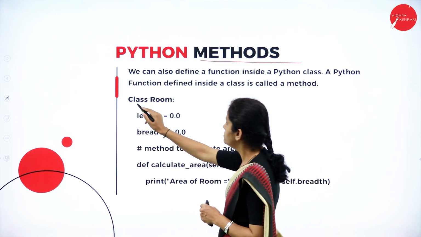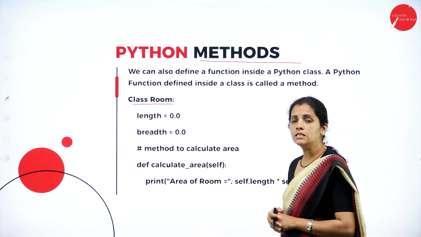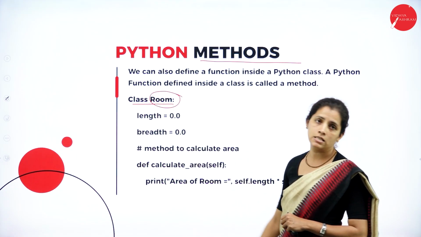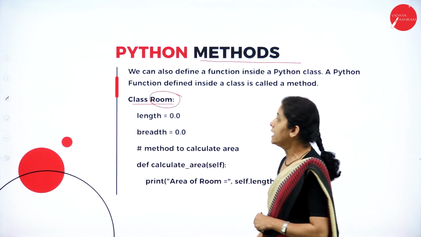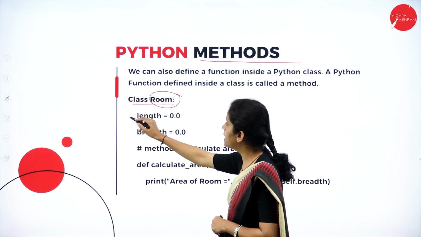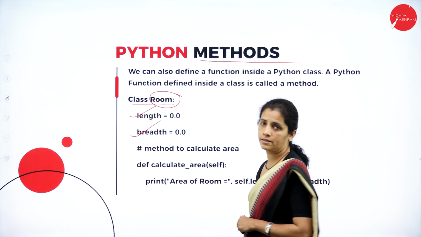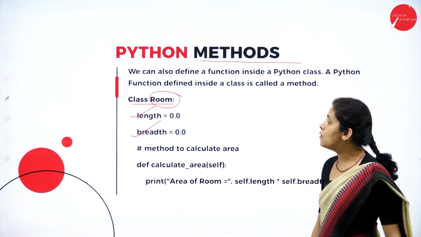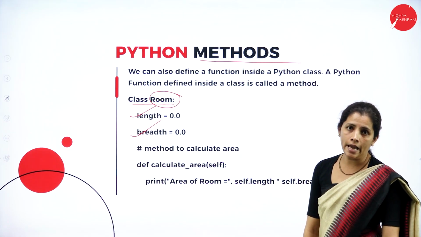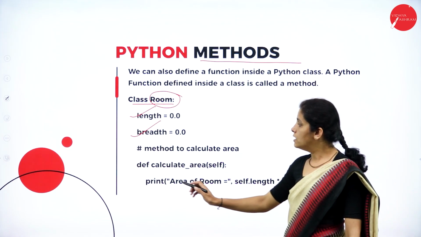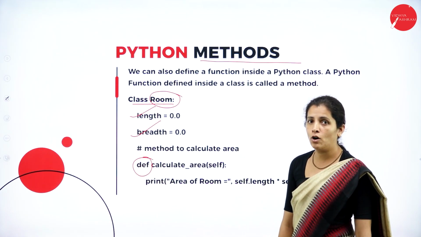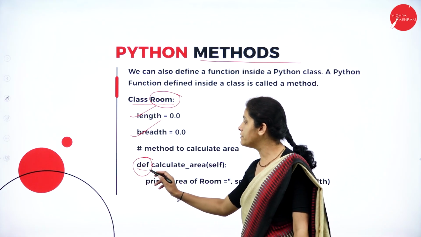See here. So what is room? Room is nothing but the class name. Okay, fine. In room, I'm going to have two attributes, that is length and breadth. Now, I want to write the method to calculate the area. See here, to create method in Python, I'm going to use the keyword def.